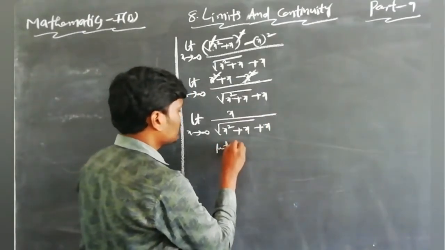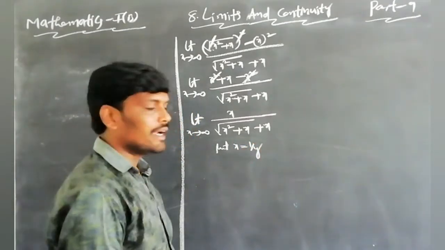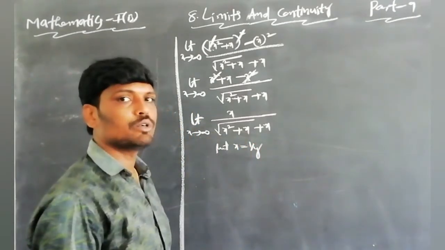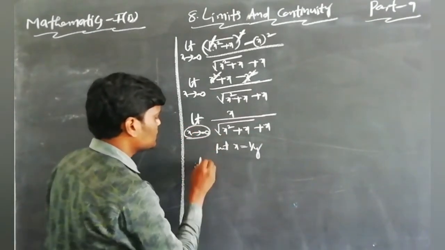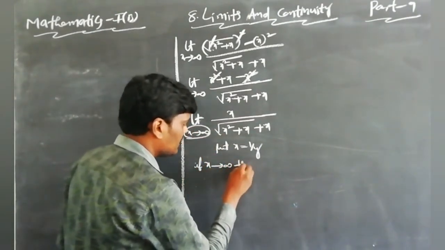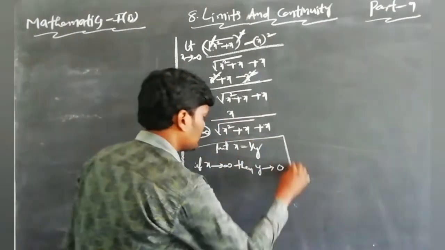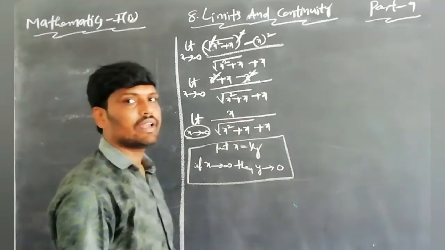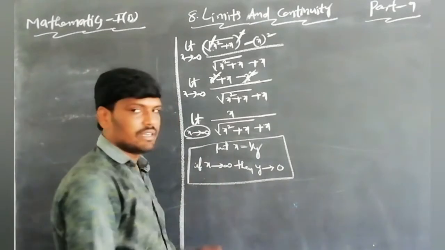After that, put x is equal to 1 by y, as already explained in infinite limits. If x tends to infinity, then y tends to 0. This is the concept, the condition by which infinite limits are converted to finite limits.